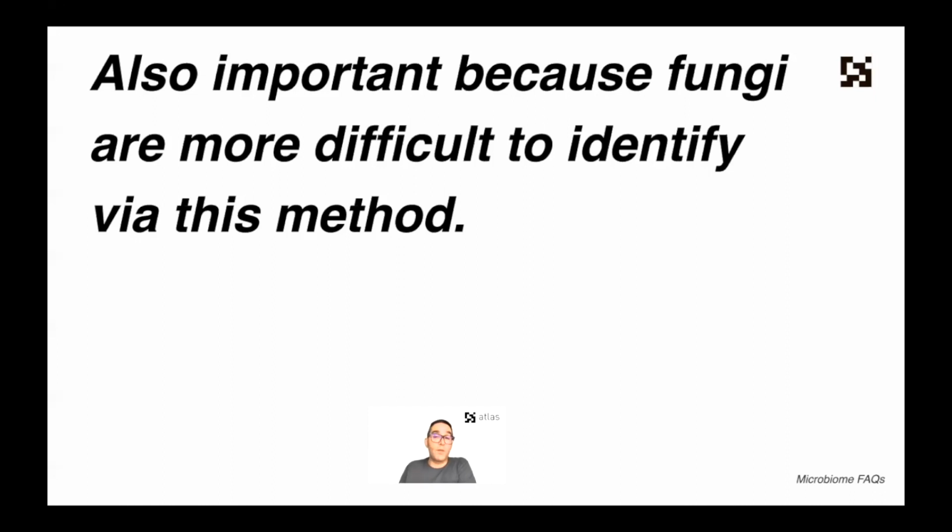So there are other methods that are very appropriate for the identification of fungi, and microscopy is one of them. So just looking with advanced microscope techniques at a fungus like candida, for example, can be a really good way of identifying it, but it brings some margin of error that is higher than the 16S sequencing way of working.